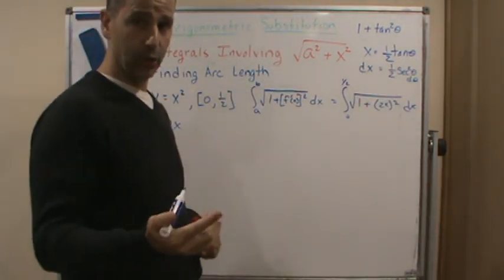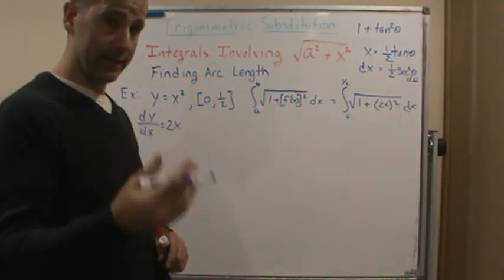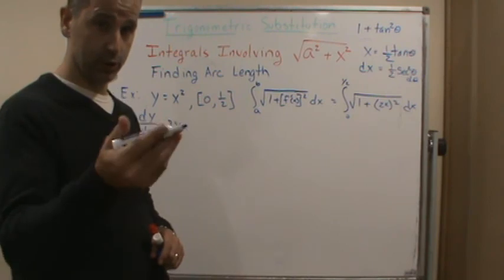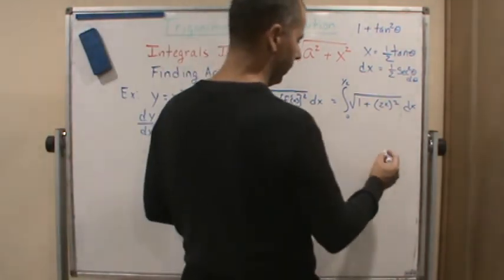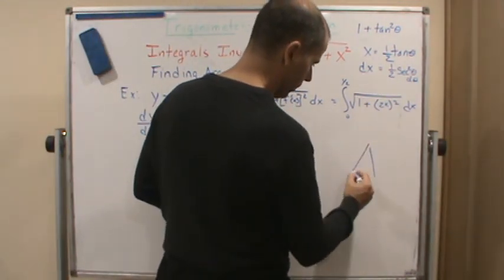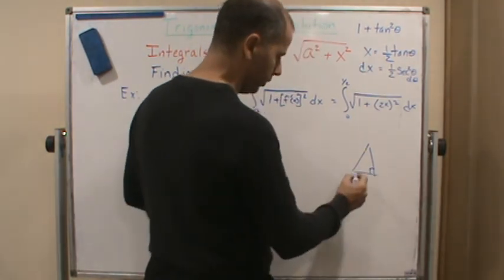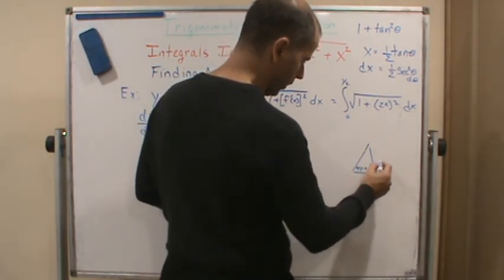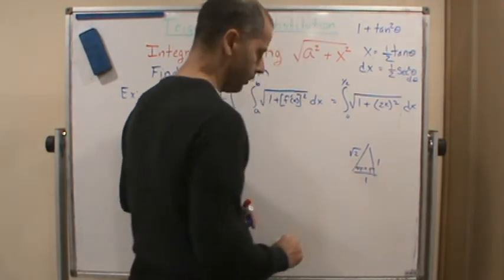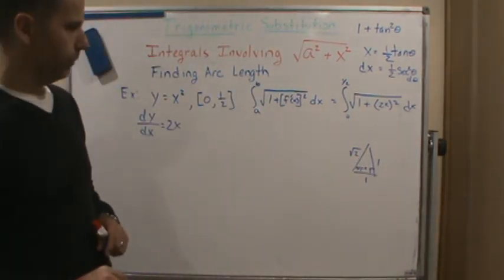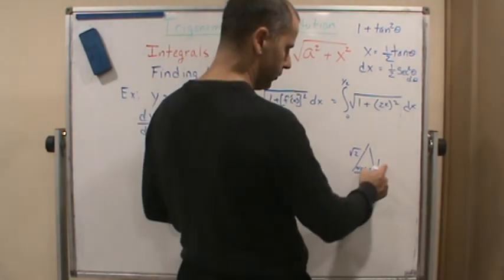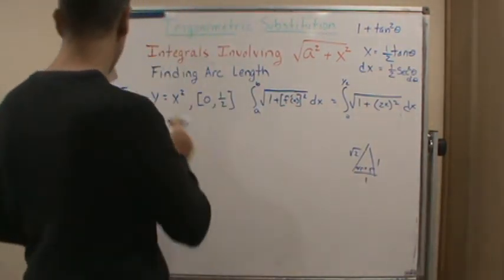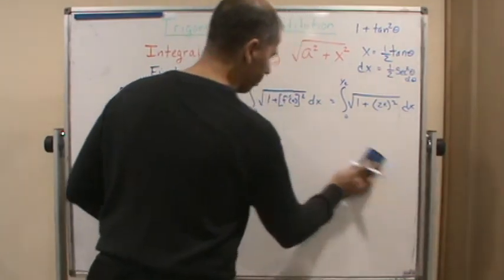Well, the only angle that will give us a tangent of 1 is a 45-degree angle, which is just going to be 1 over 1. So again, look at your unit triangle, a 45-degree angle, 1, 1, square root of 2. So the tangent of a 45-degree angle will give us 1. So that's pi over 4. Okay, so we're going to go to pi over 4.